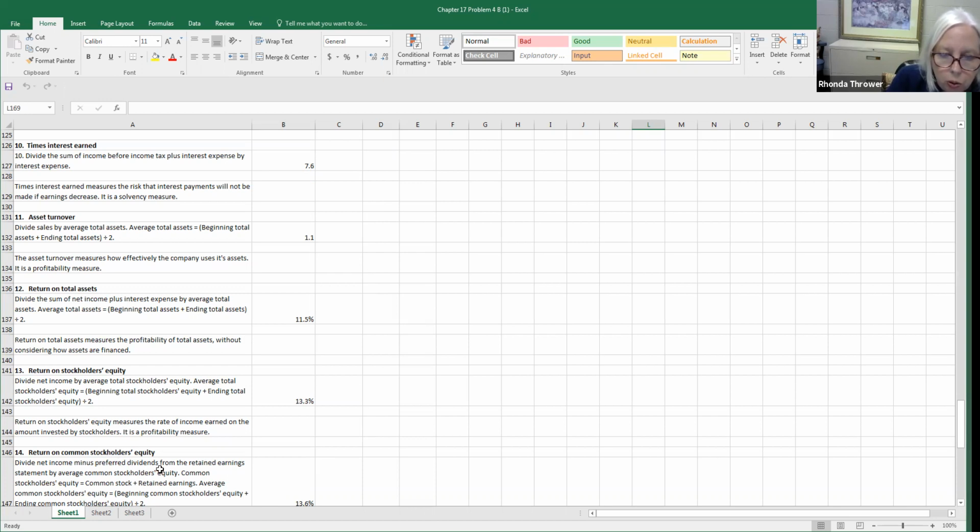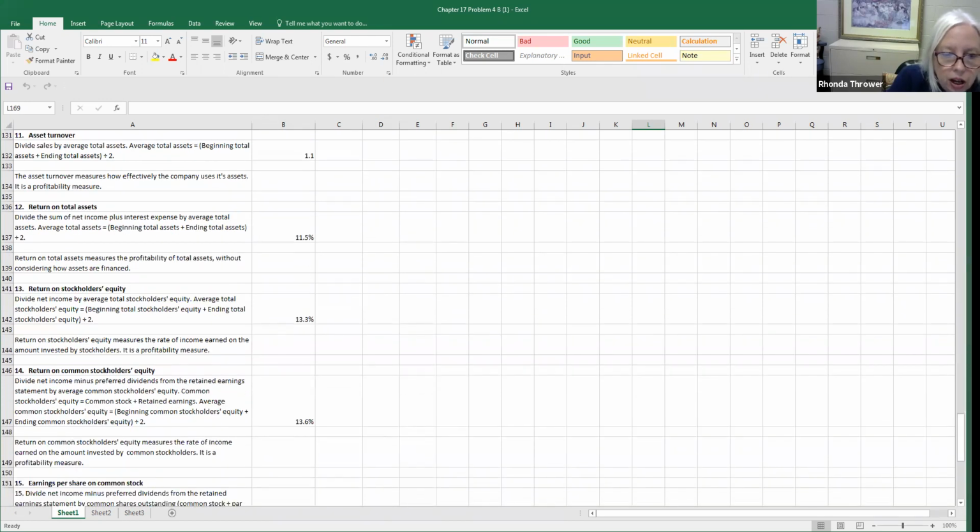That's your numerator part. Then you're going to divide it by the average common stockholders' equity. And to find the average common stockholders' equity, we're going to take our beginning common stockholders' equity and add the ending common stockholders' equity to that and divide it by 2.